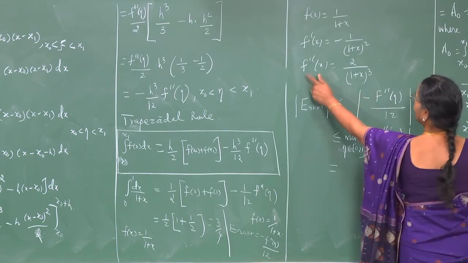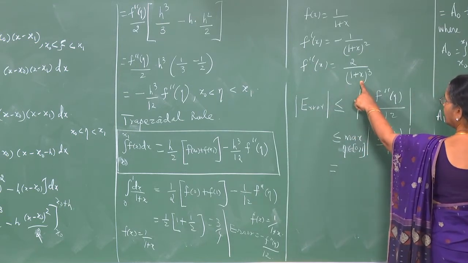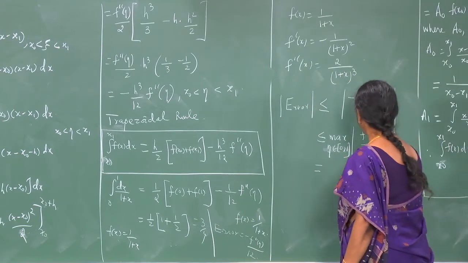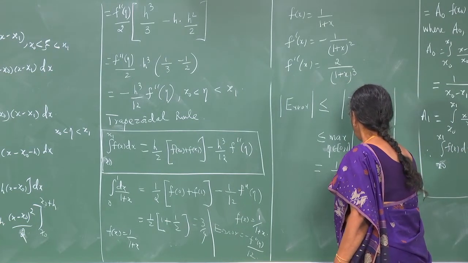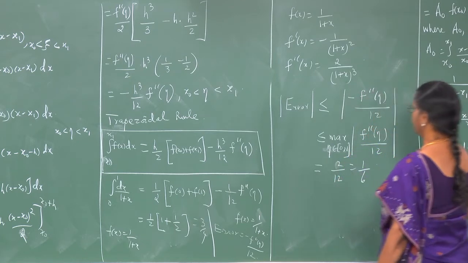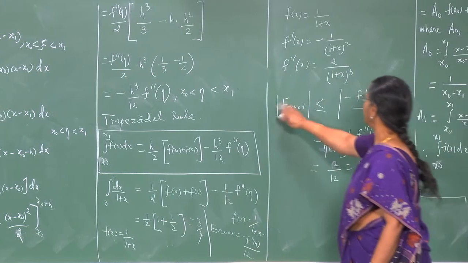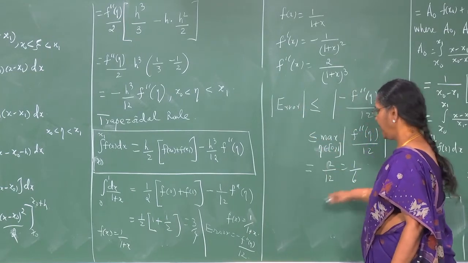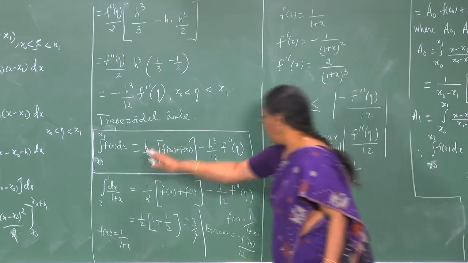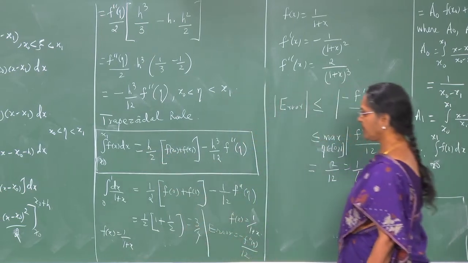Having computed the second derivative, I observe that the maximum will occur at x is equal to 0, and therefore it is 2, and so the result is 2 by 12, and so 1 by 6. So, the error is always bounded by 1 by 6 in this approximation of the interval which is given by this.